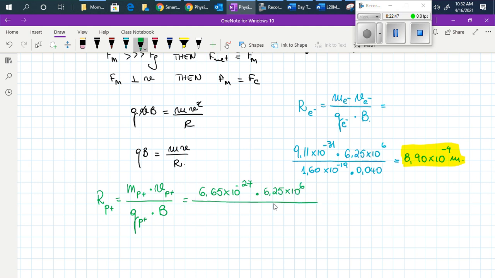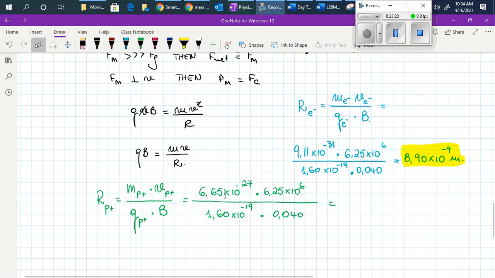The charge is 1 elementary charge, positive, times 0.04. Enter this in your calculator and we will see the radius of the proton.